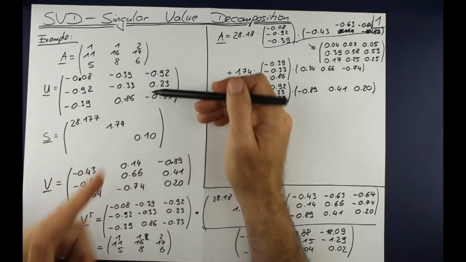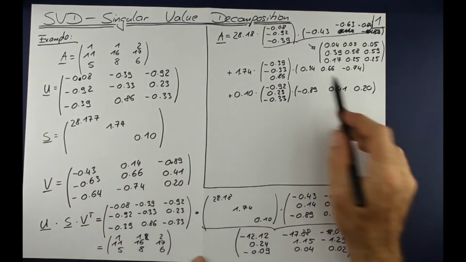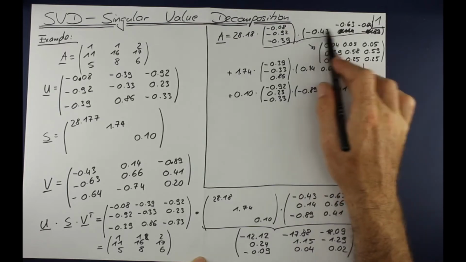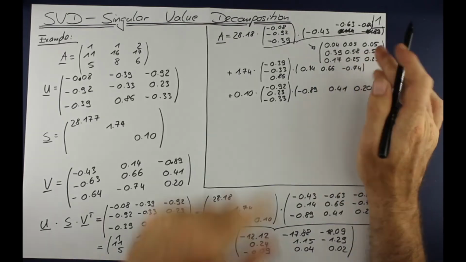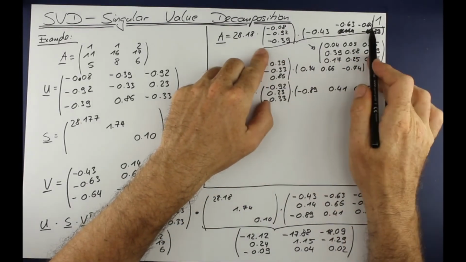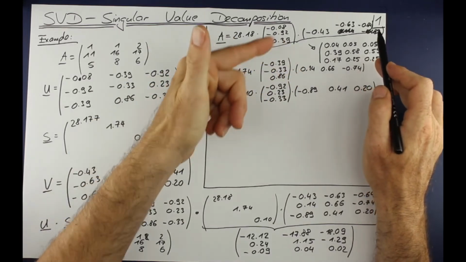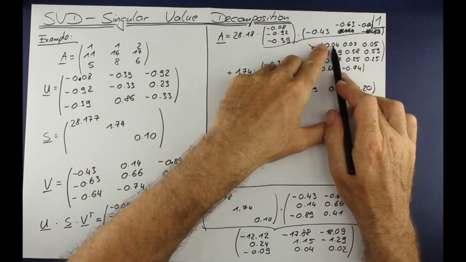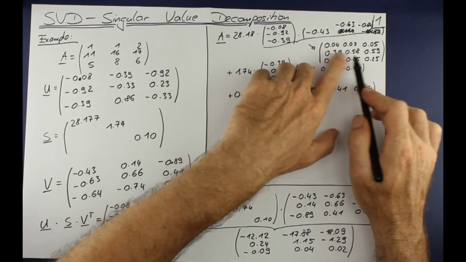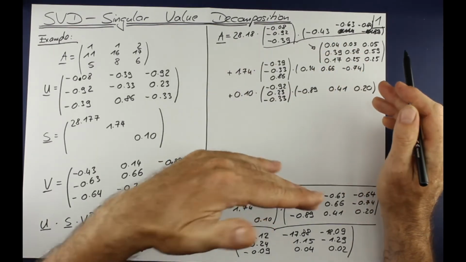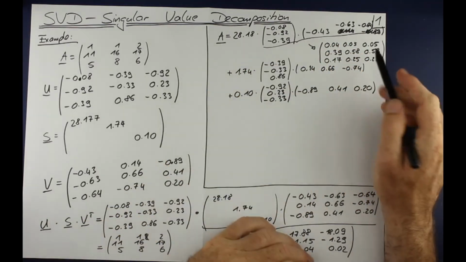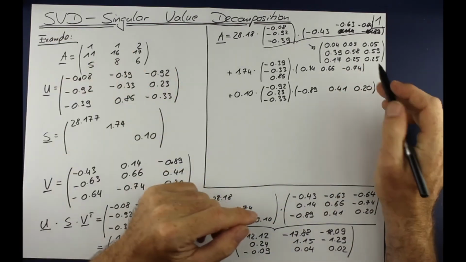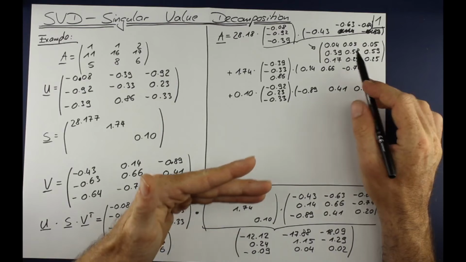So this is also length 1, also length 1, also length 1. And if you multiply these two vectors, which are both length 1, that will result in the following fact: square these 9 entries, add all these, and you will also get 1.